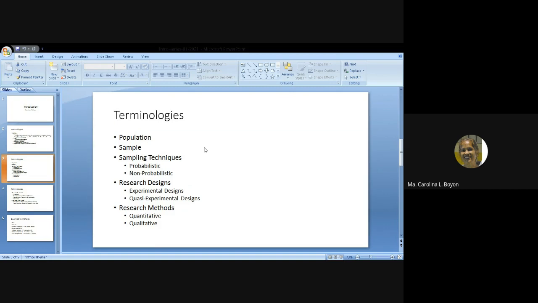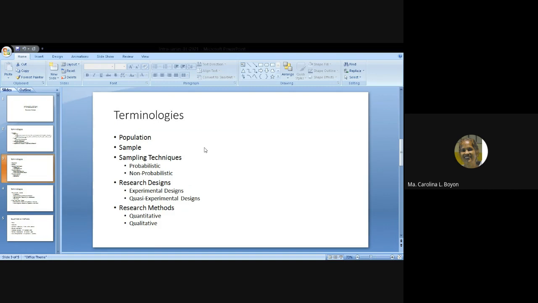So a sample will be generally small, a subset of the population, but it is known. Yet, it is incomplete. It's not the total set of study units, but because it is representative, it can mirror the characteristics of the population.